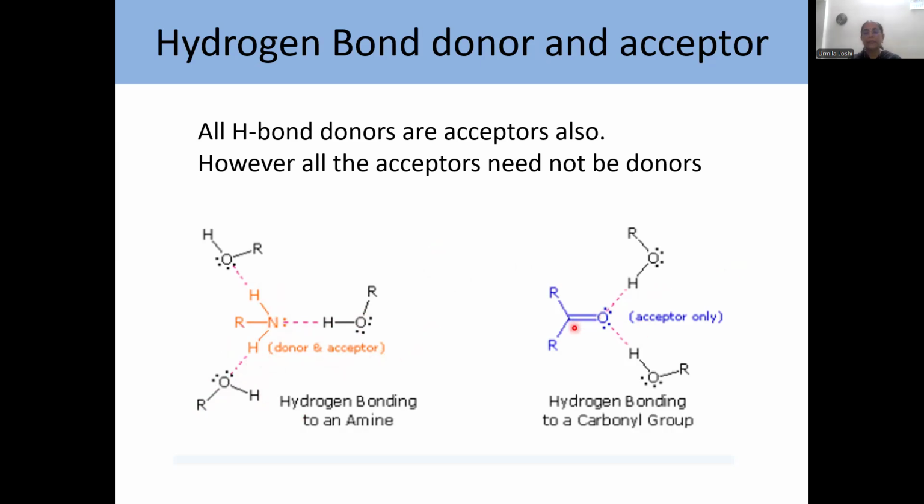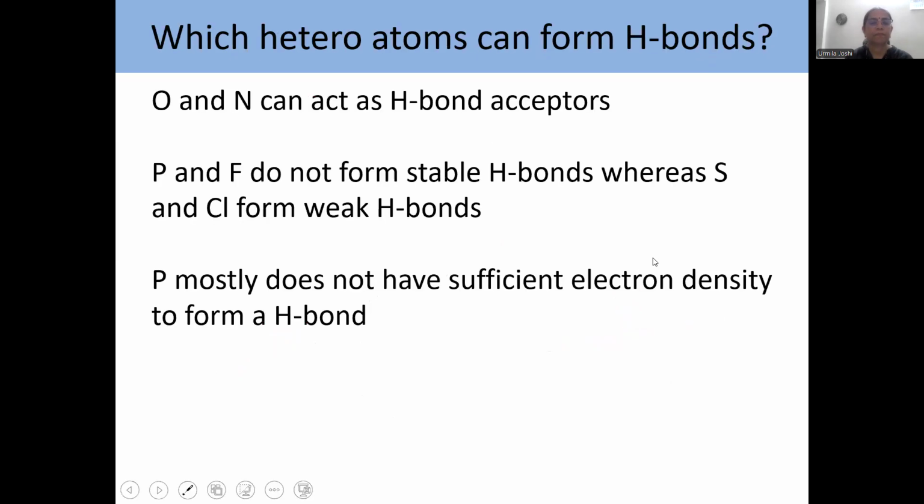But look at this case, the carbonyl group. This carbonyl group does not have a hydrogen attached to a heteroatom, and therefore this carbonyl group can act only as an acceptor. This differentiation is more about understanding than about writing in the exam.